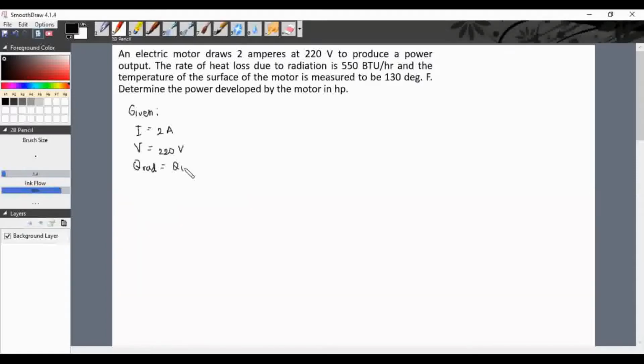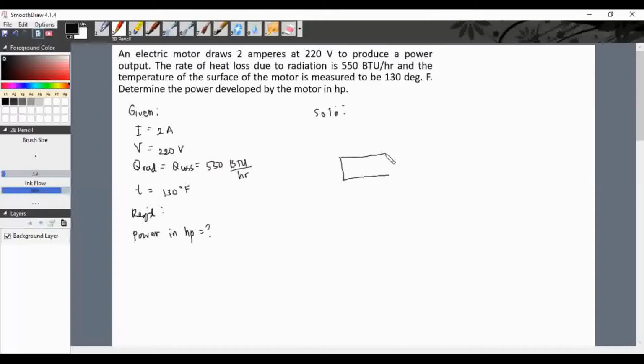So heat loss yan, that is 550 British thermal unit per hour. And then temperature daw is 130 degrees Fahrenheit. So we are asked to find the power, no, developed by the motor in horsepower.